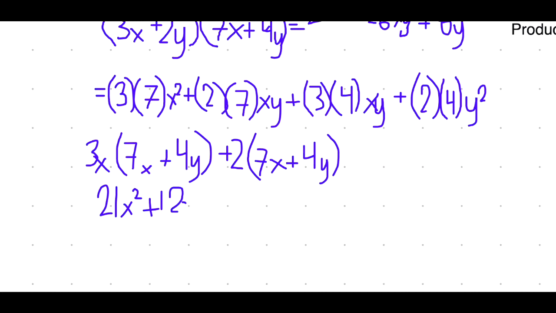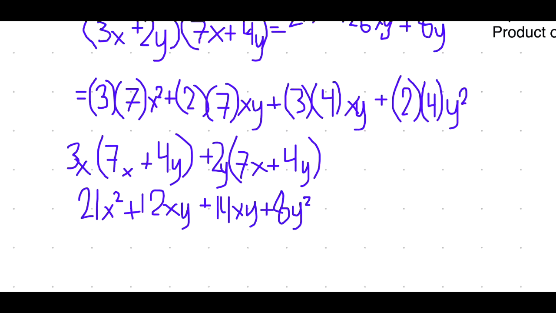Plus 2 times 7x, which is 2 times 7 is 14, and then xy, and then plus 2 times 4y, which is of course 8y squared, because 2 times 4 is 8, y times y is y squared.